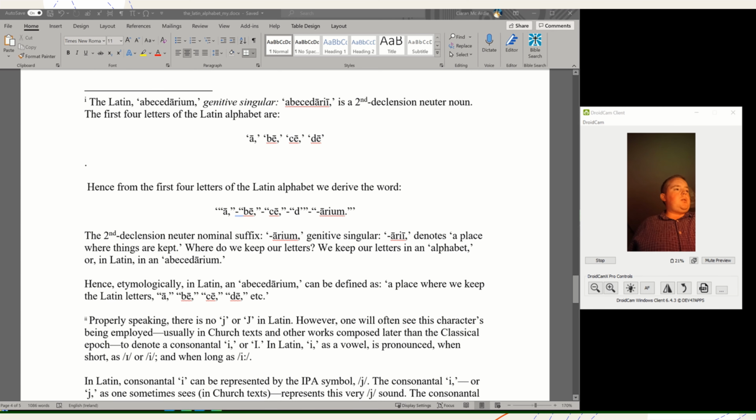And I forgot to mention this up there. Properly speaking, there is no J in Latin.